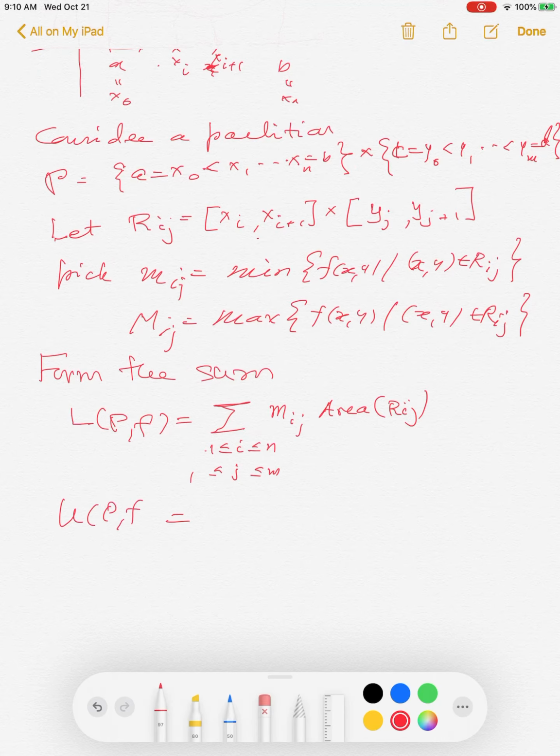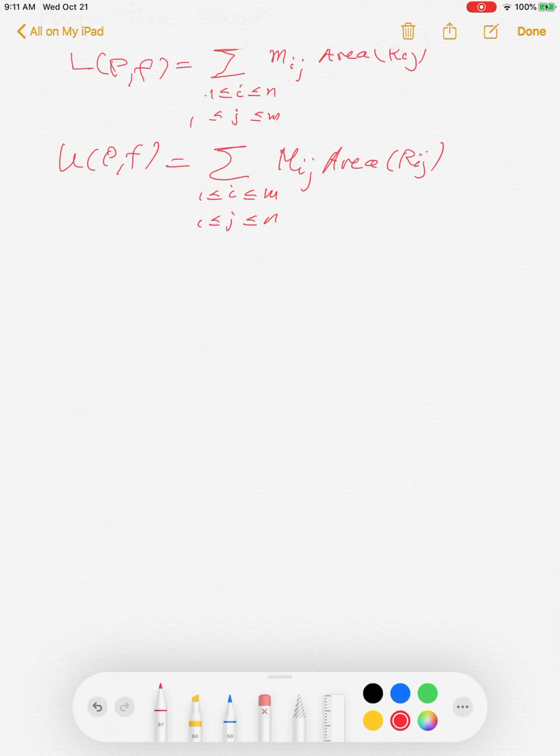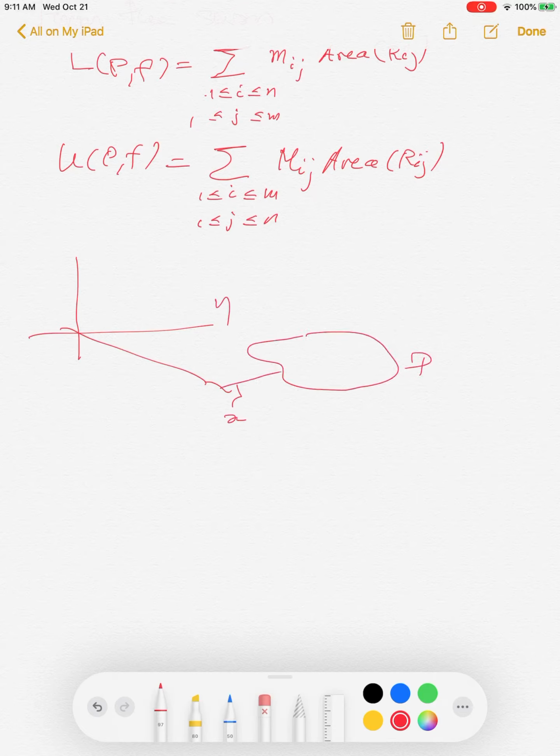And similarly UPF will be the summation over 1 less than or equal to i less than or equal to n, 1 less than or equal to j less than or equal to m, of capital M_ij times the area of R_ij. So if you look at what's happening in 3D, here is my domain D, and I'm taking a partition.